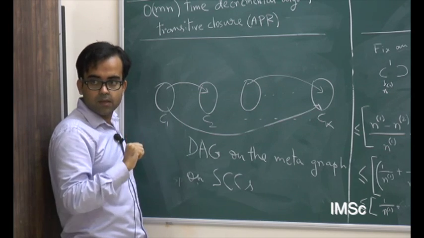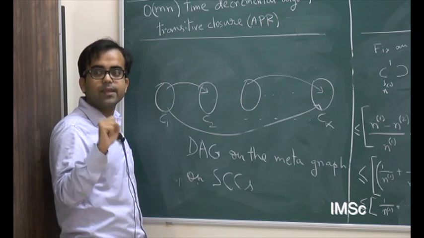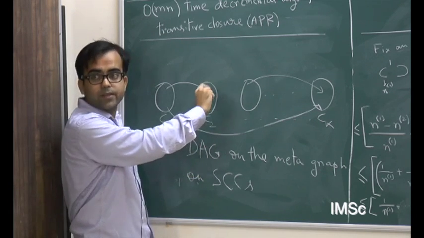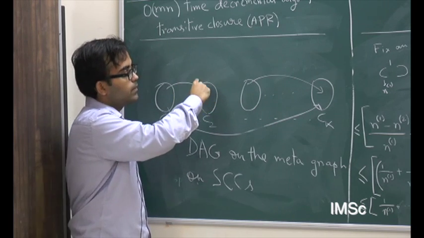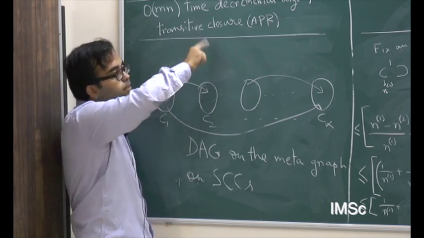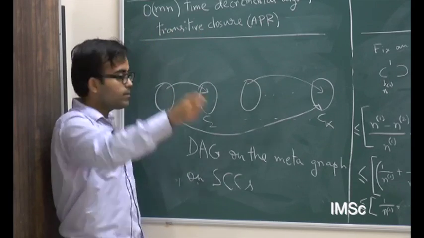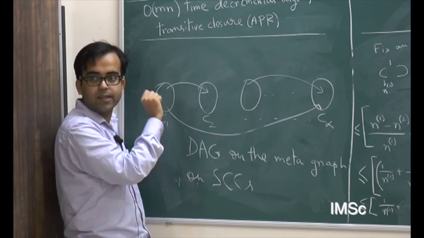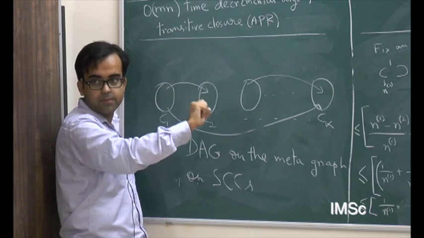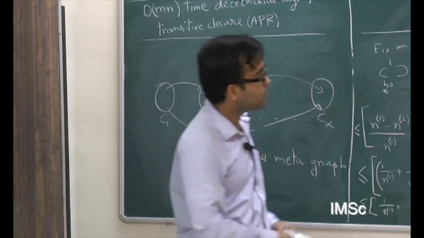The detail that will be missing is as follows. These guys can split as well, right. So, I am just going to give you an algorithm for maintaining transitive closure in a DAG, but that algorithm does not take care of these nodes splitting into multiple nodes. That is one additional detail that will be missing, but you can see the main idea. Okay.